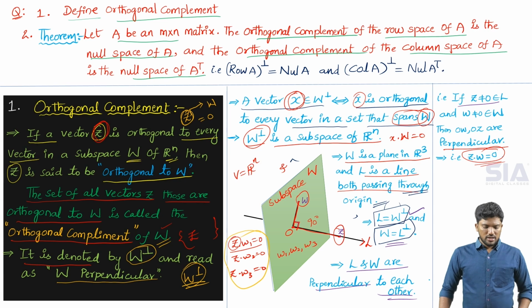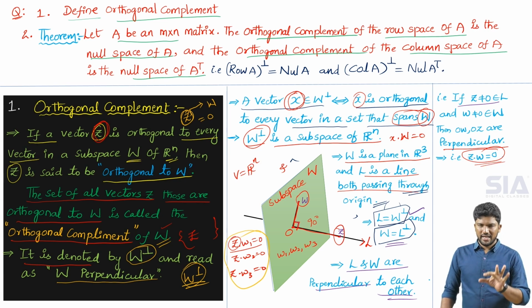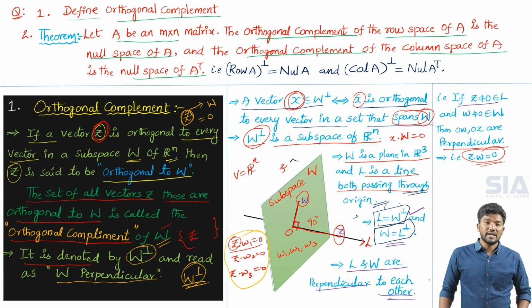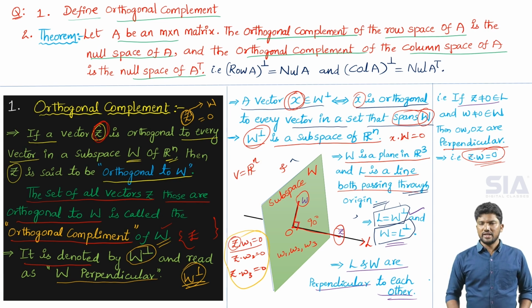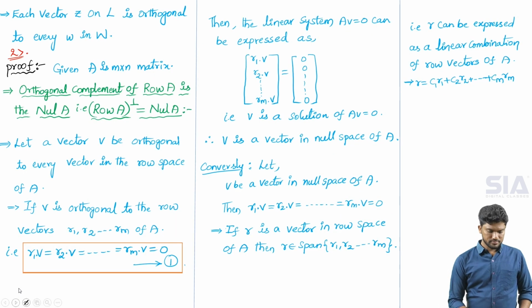So this is the definition of orthogonal complement. Whenever you take a subspace in the vector space capital V and you take a line, both the subspace and line passing through the origin, then we can say capital L is perpendicular to the subspace W and W is perpendicular to the line L whenever they have orthogonal vectors. Orthogonal vectors means z into w equal to 0.